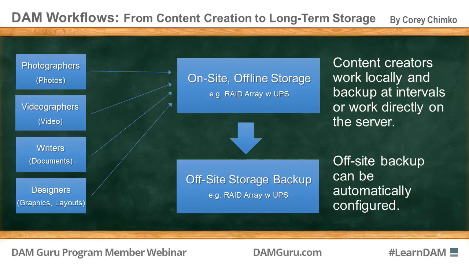So what should your on-site storage look like? Typically these days, the safest way to go is with something called RAID storage or RAID array. For those of you not familiar with what RAID is, it's basically a way to write data across multiple hard drives so that if one of your drives fails, you can replace it without losing any of your content.